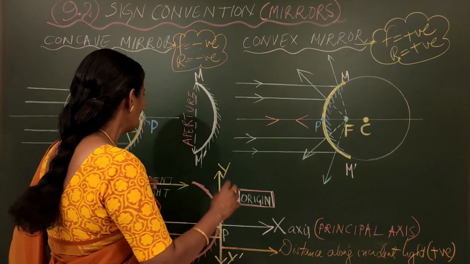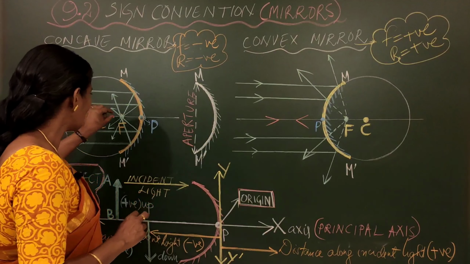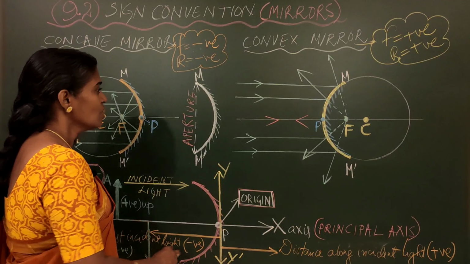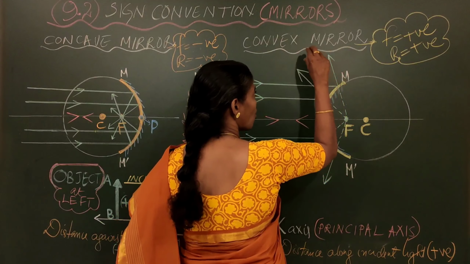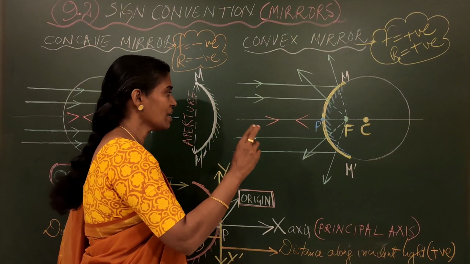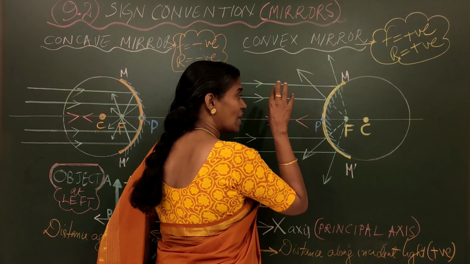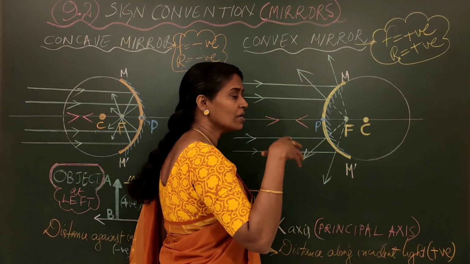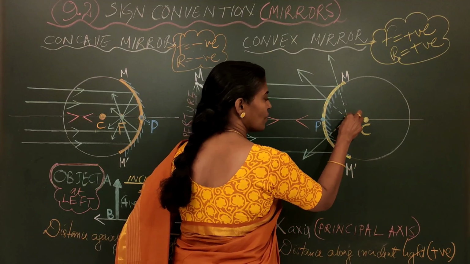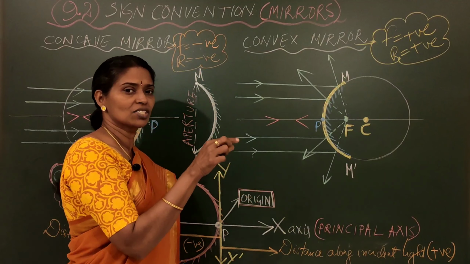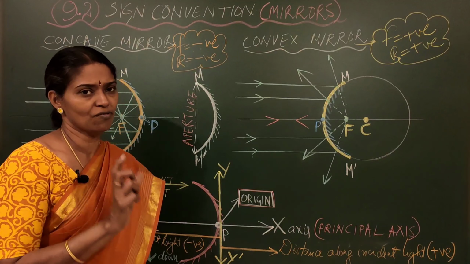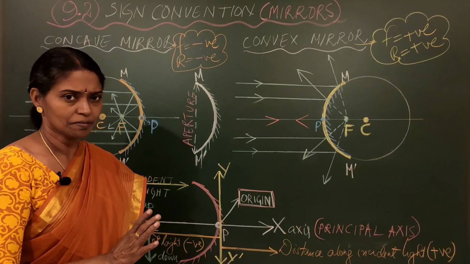Clear? So 2 points are clear. What is principal focus for a concave mirror? What is principal focus for a convex mirror? Once again, all the rays coming parallel to the principal axis, after reflection, appear to diverge from a point on the principal axis, termed as principal focus. Clear?